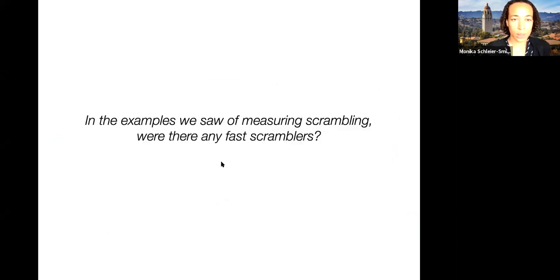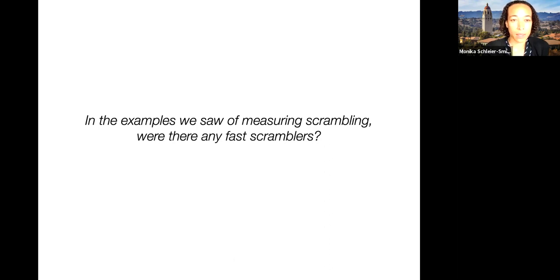Just as a quick check to see whether people are following, I showed a few different experiments quantifying scrambling. In anything I've shown so far, were any of the things I showed you fast scramblers?